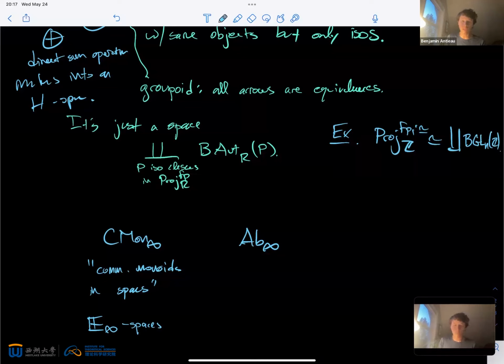And these are going to be the same things, but here we're going to assume, so if you have a commutative monoid in spaces, then pi 0, which is the set of path components, has a monoid structure. And so Ab infinity will be those where the monoid pi 0 is actually a group.